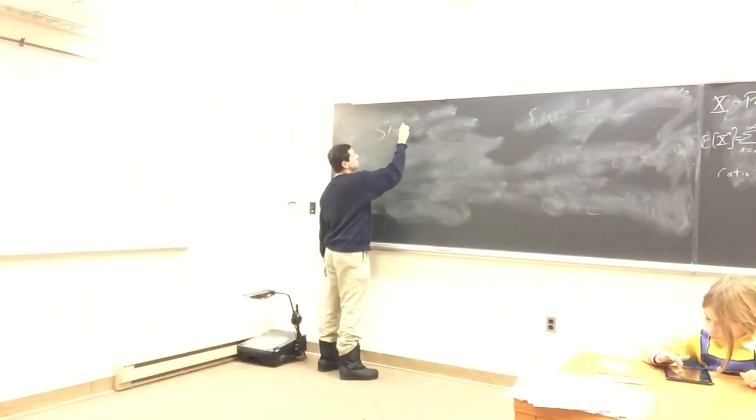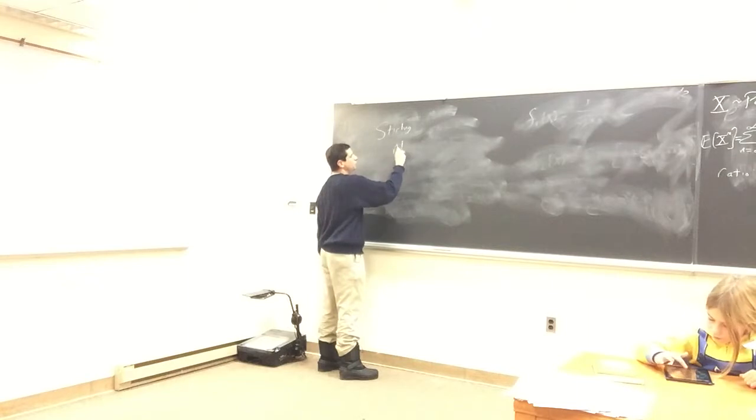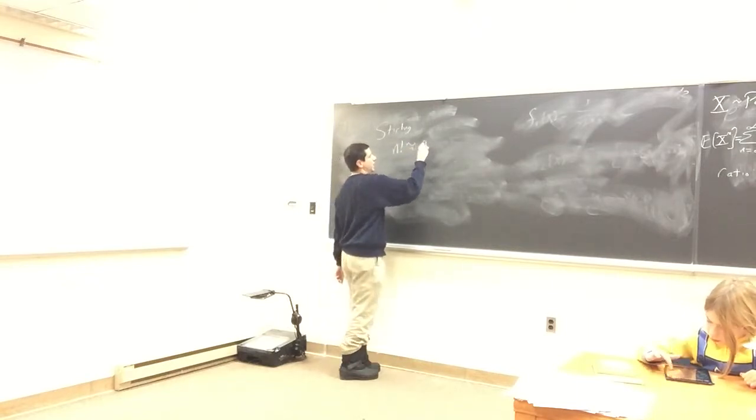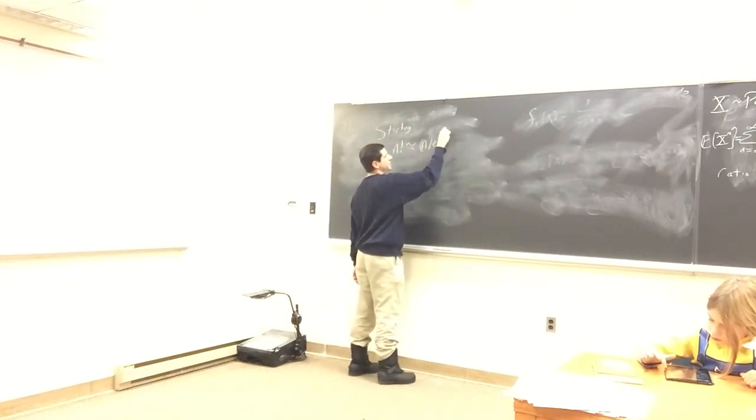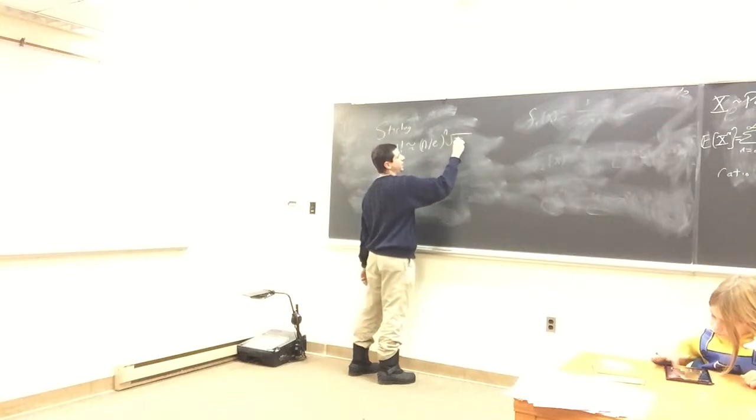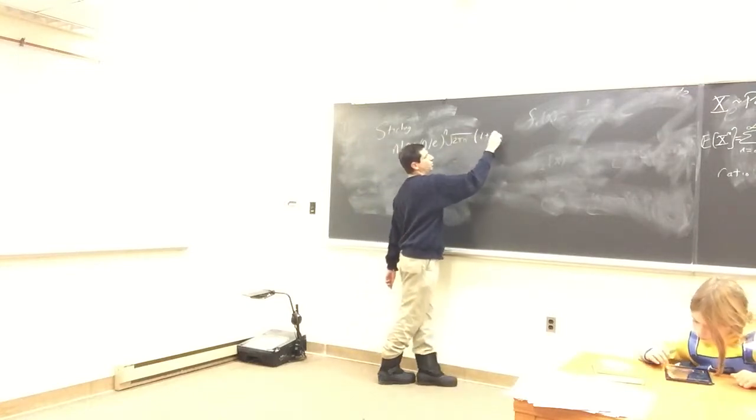So by Stirling, we know n factorial in the limit is (n over e) to the n times the square root of 2 pi n times (1 plus small).